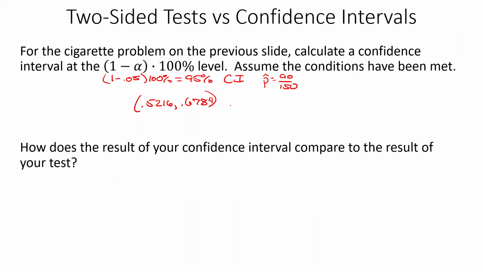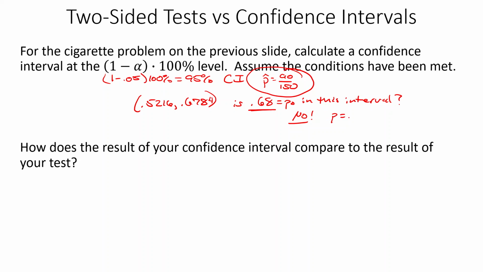All right. So now is 0.68, which was our p naught, in this interval? Well, it looks like it's going to be just outside of that interval. So the answer is no. It's not in the interval. So that means if this is our sample information, which it was, then this is not a plausible value.